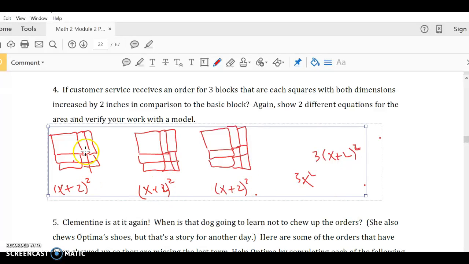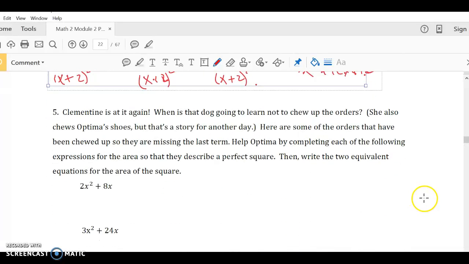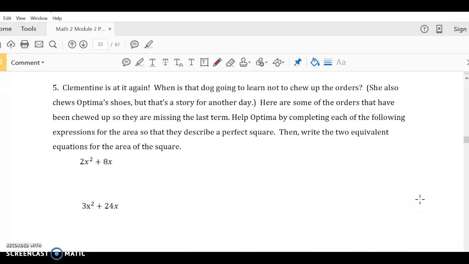You have now 2, 4, 6, 8, 10, 12x. And then how many little ones do you have? 4, 8, 12 little ones. So this would be two equivalent expressions for that one. Okay? Now the next one's a little more challenging.